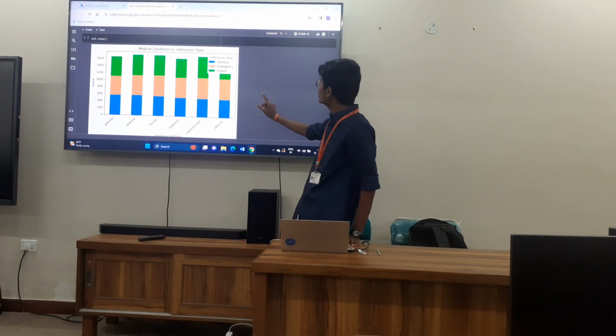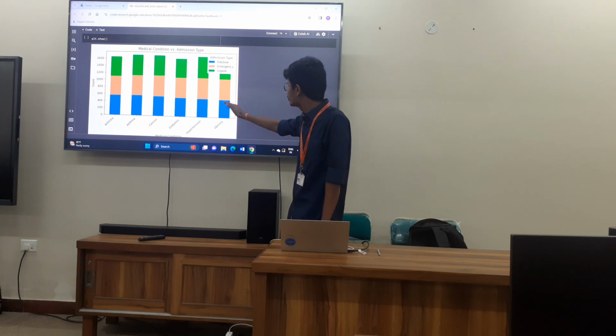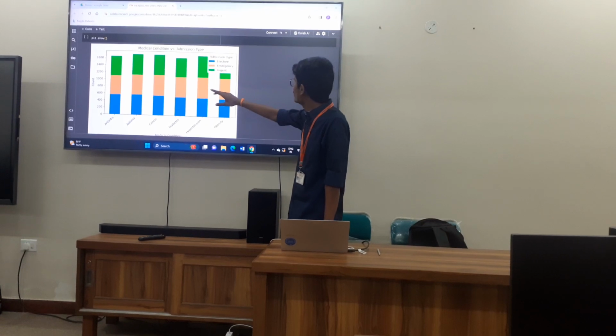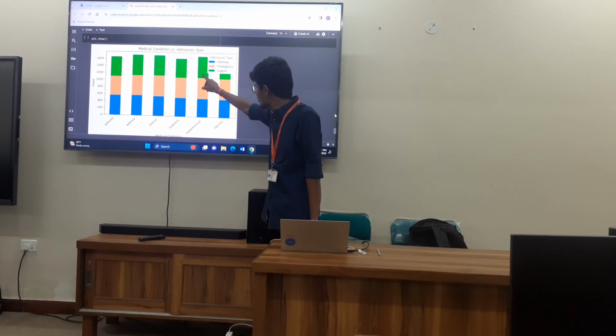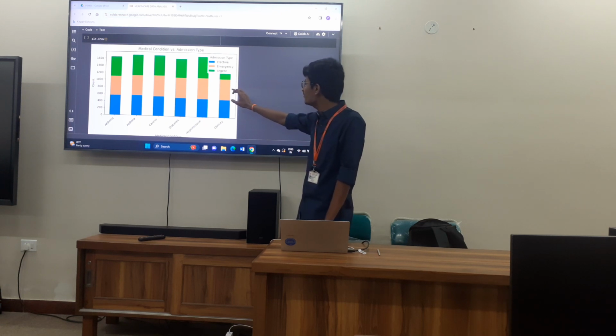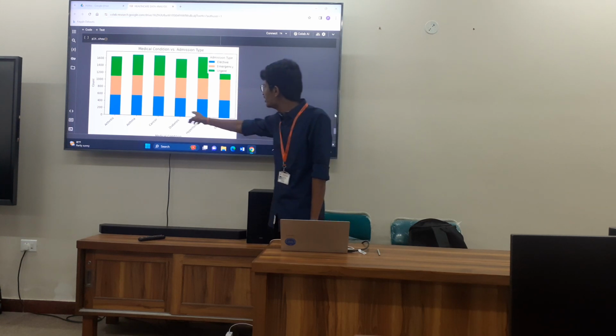So this is the medical condition and the admission type. Some of them have been admitted as elective, and you can see there are many urgent cases over here. Comparatively fewer emergency cases, and we can see the volunteer cases.